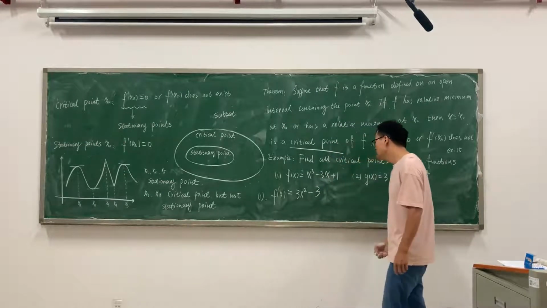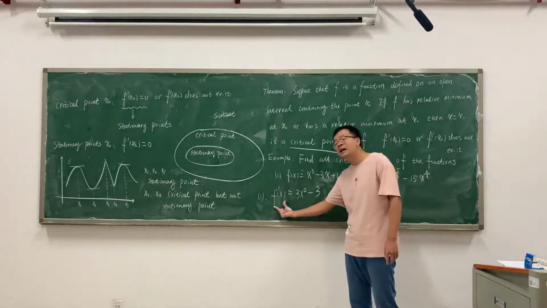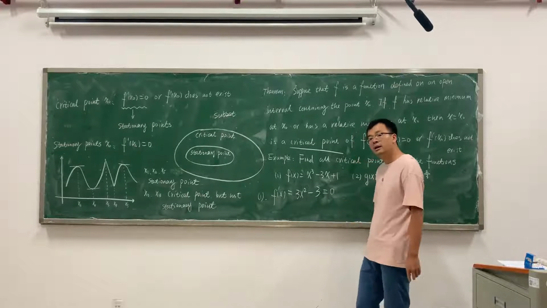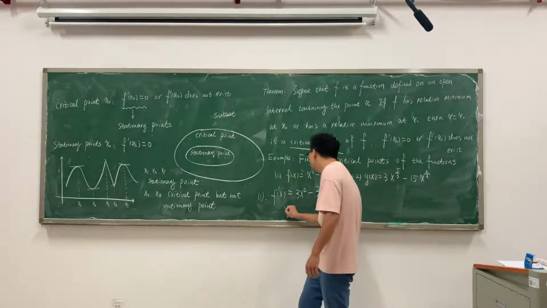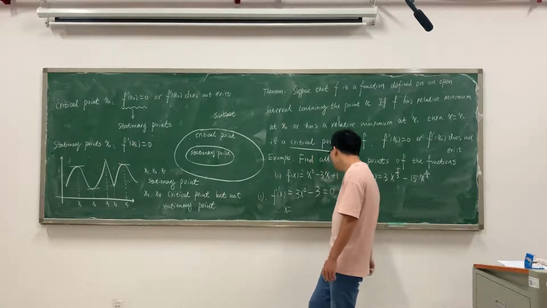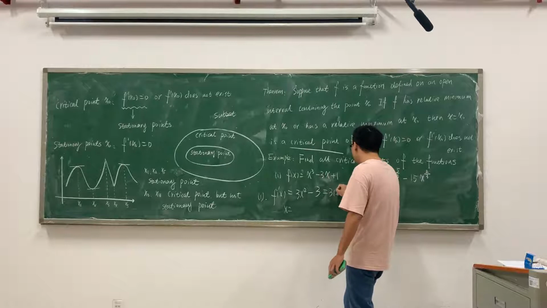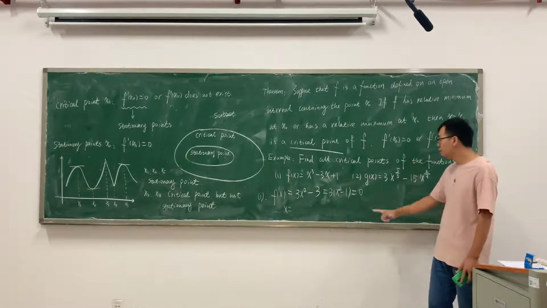It is easy to see. So we let this derivative equal to 0, and find x. This is equal to 3 times (x squared minus 1), and that is equal to 0.